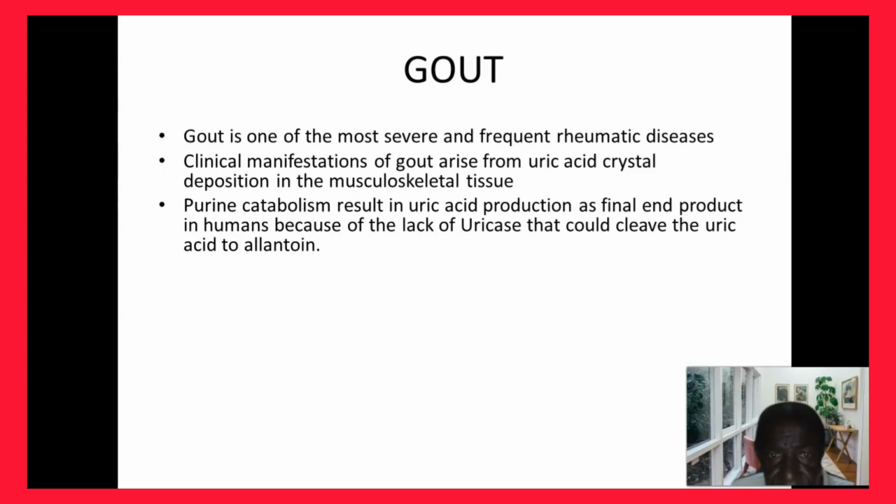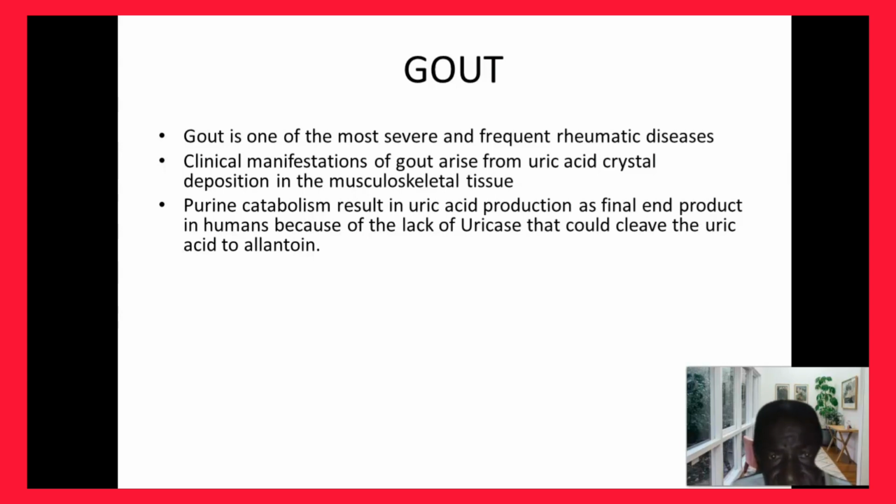When you are talking of purine catabolism, you more or less are talking of genetic factors, because we know purine is part of what is used to make nucleic acid, and the final end product in humans, because of the lack of uricase that could convert the uric acid to allantoin, is uric acid.